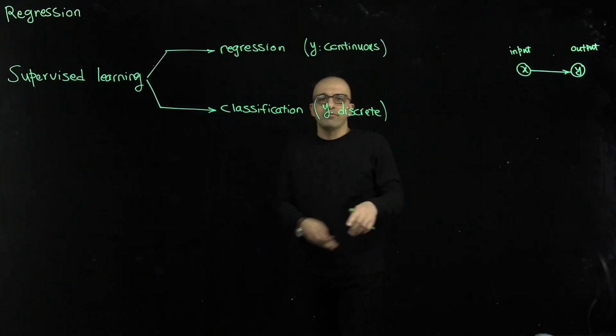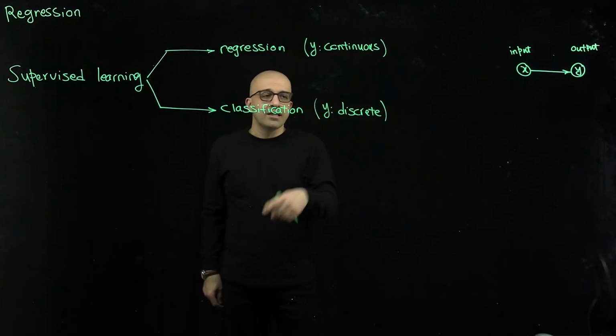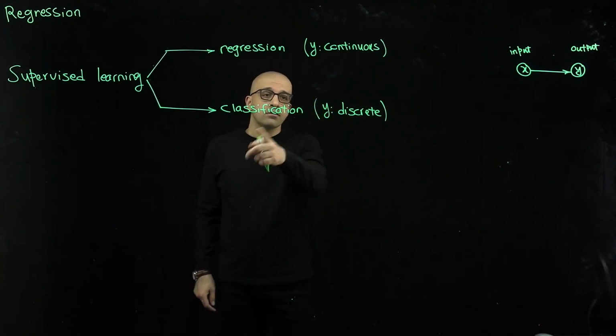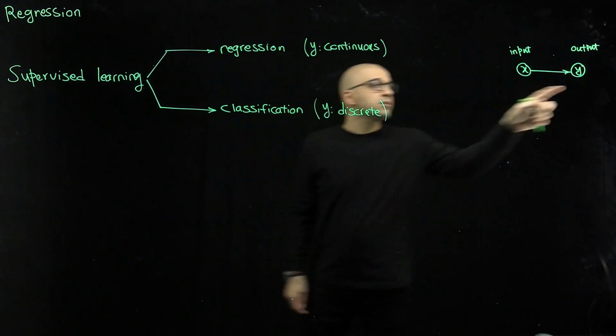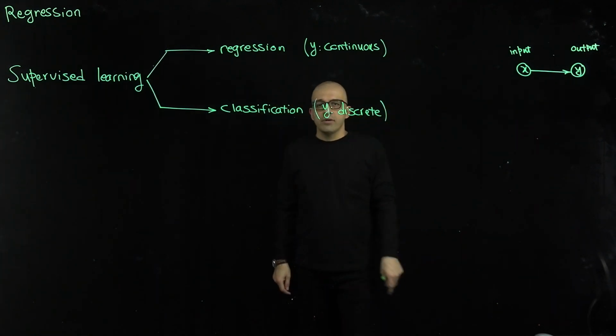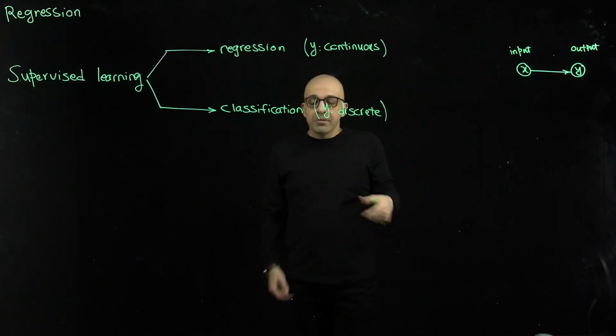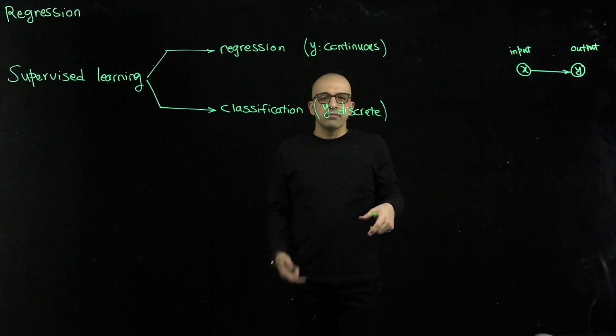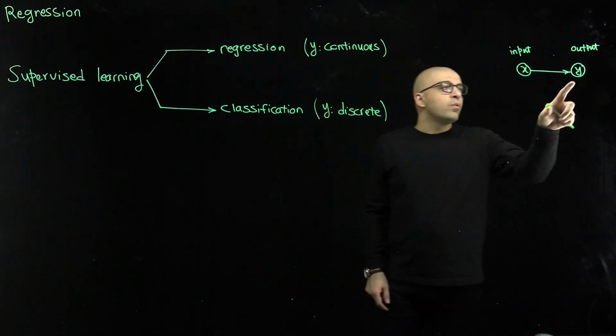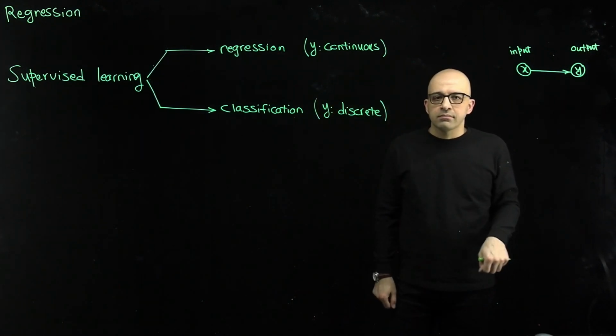On the other hand, we have this other class of supervised learning techniques called classification, where Y is discrete. An example of a classification problem is where X is the pixels of the image of a single digit, and Y tells us what that digit is.